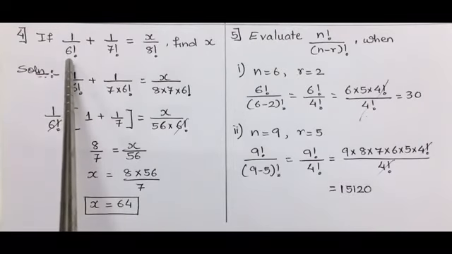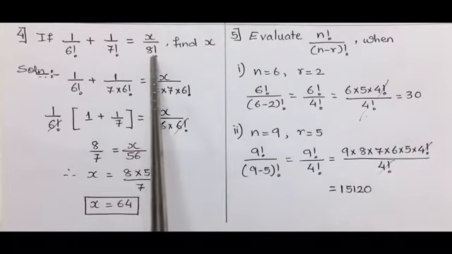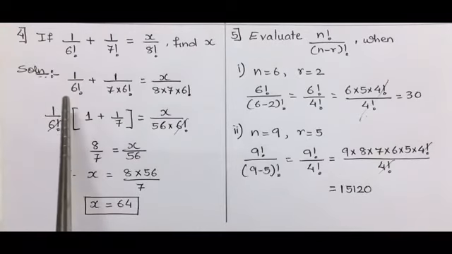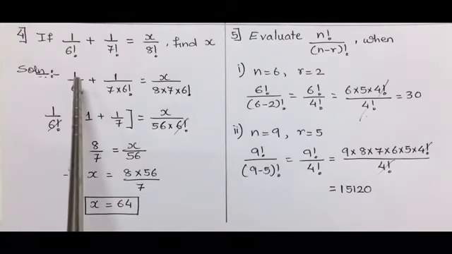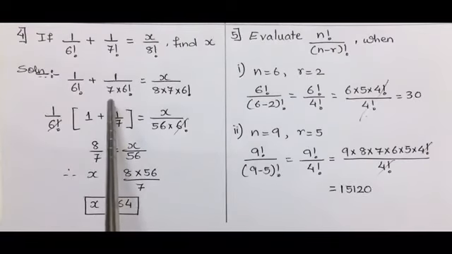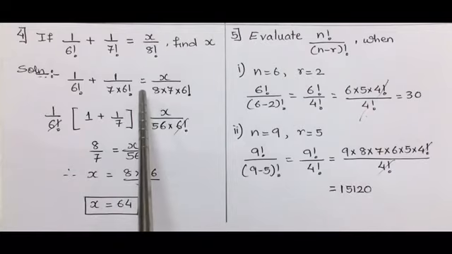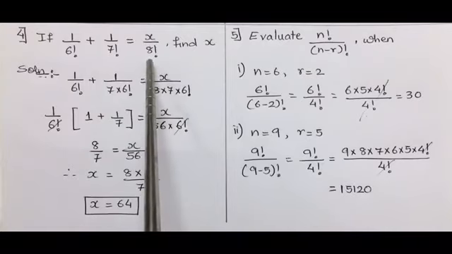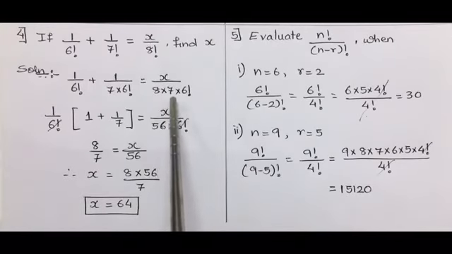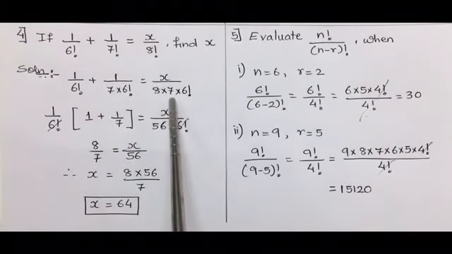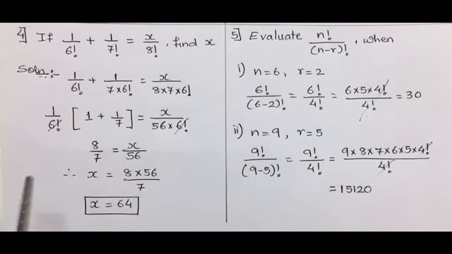So 6 factorial is the lowest most. So 7 factorial and 8 factorial will be expressed in terms of 6 factorial. So taking up the solution as 1 upon 6 factorial plus, expressing 7 factorial as 7 into 6 factorial, we get 1 upon 7 into 6 factorial is equal to x upon, reducing 8 factorial as 8 into 7 into 6 factorial, so that on both the sides 6 factorial can be taken out common and cancelled.